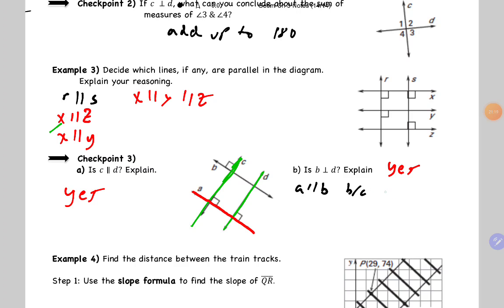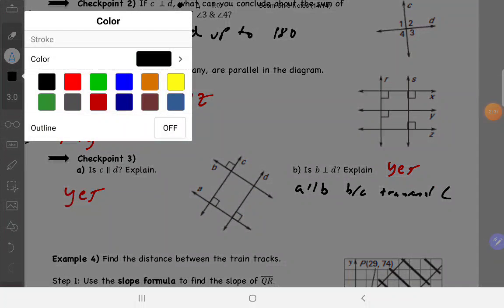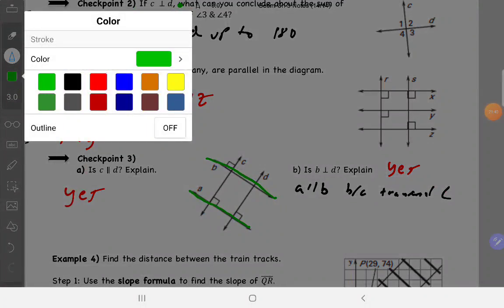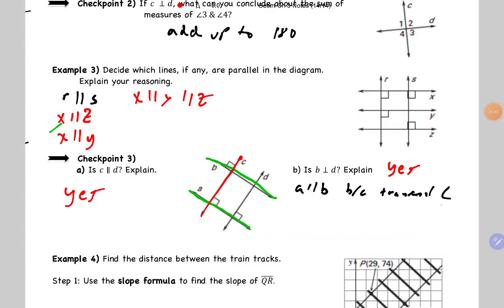A is parallel to B because of transversal C. Let me show you in colors. A is parallel to B because transversal C is perpendicular to both A and B. So A and B are parallel.